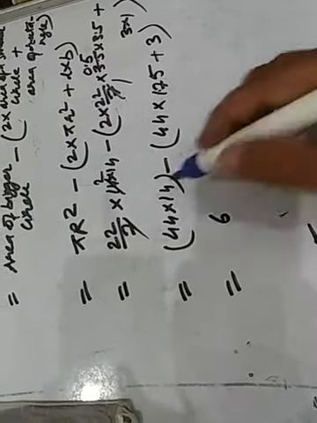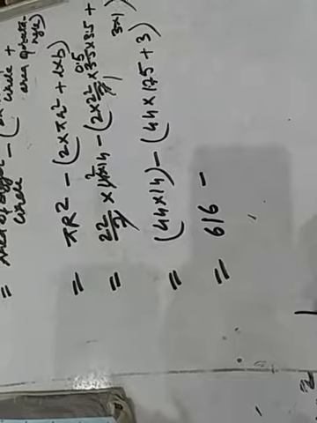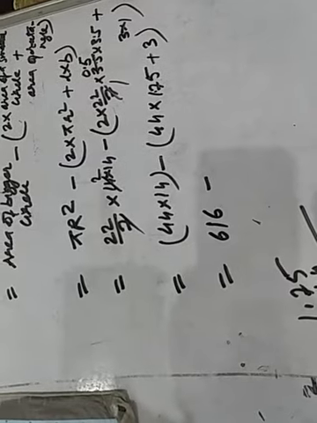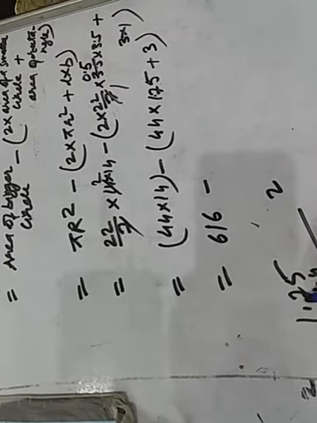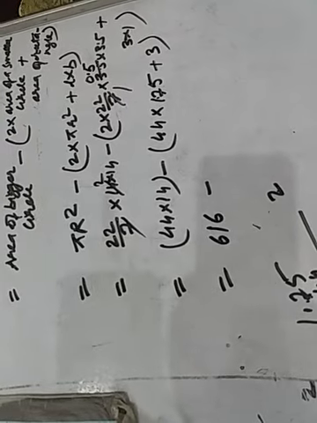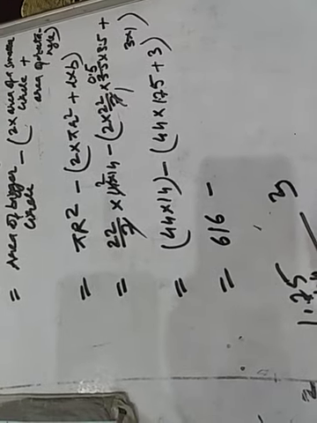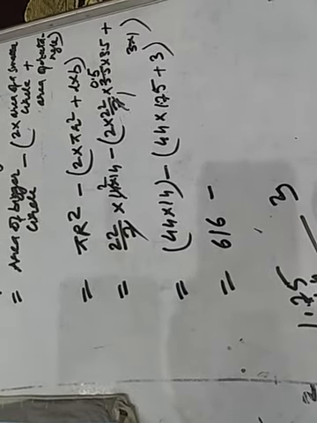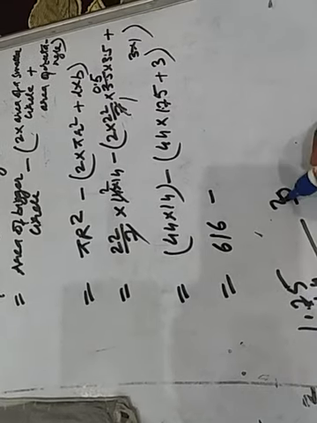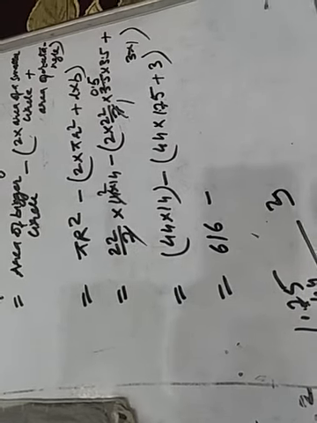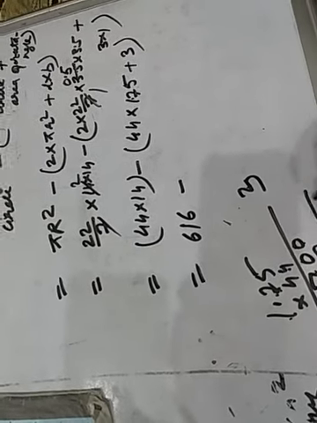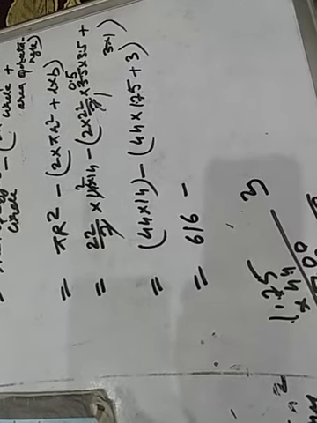Minus, let us multiply 1.75 by 44: 4 5s are 20, 2 carry over, 4 7s are 28 and 2 is 30, 3 carry over, 4 1s are 4 and 3 is 7.